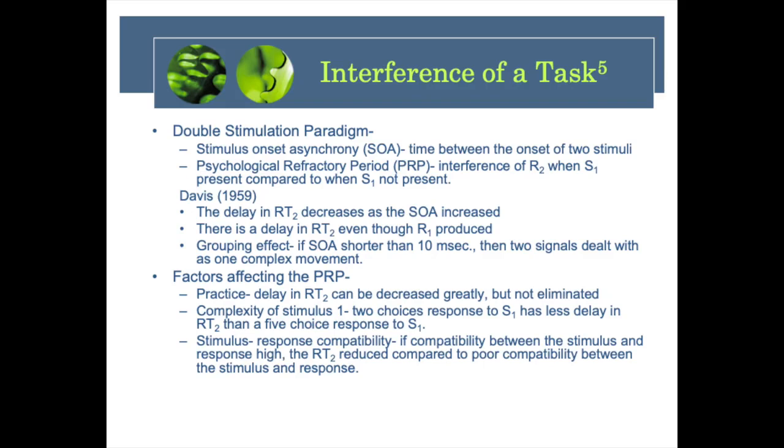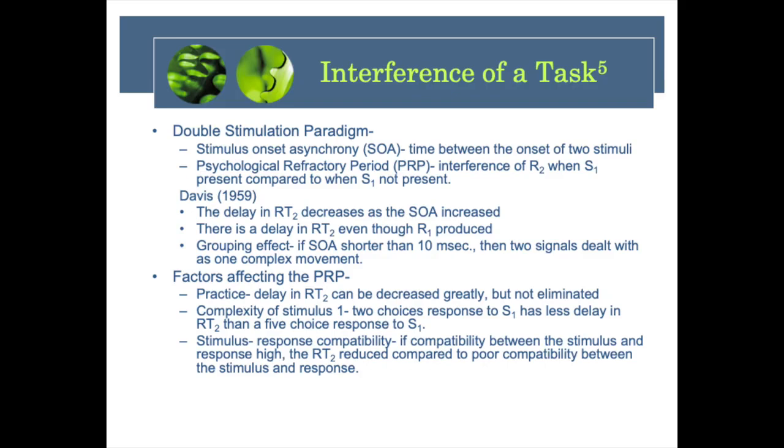Some things that affect the refractory period or the response time: practice. With practice, you can decrease the delay hugely. Potentially not eliminate it, but definitely with practice you can decrease the delay in response time, which is why practice is so very important.